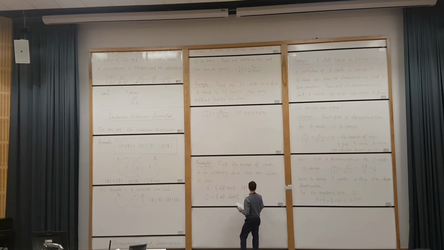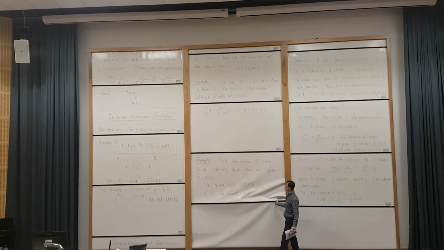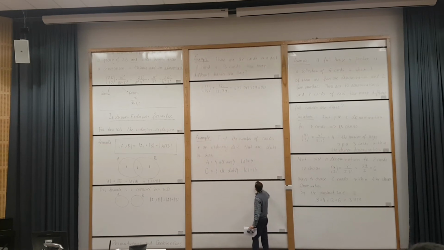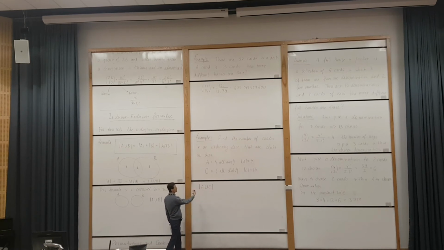And there are 13 of them, right? Because there are 13 denominations. And in terms of these sets, what we're asked to find is the number of elements in the set which is the union of A and C. Because the union precisely implements this logical OR.